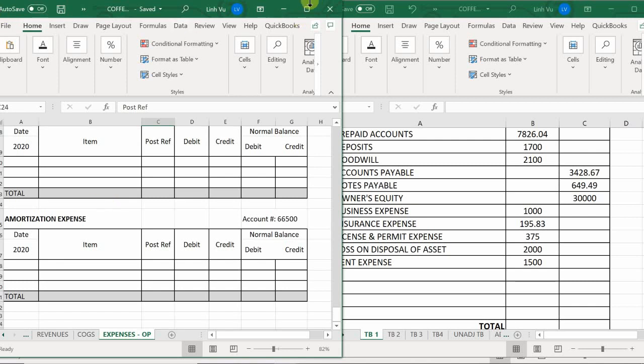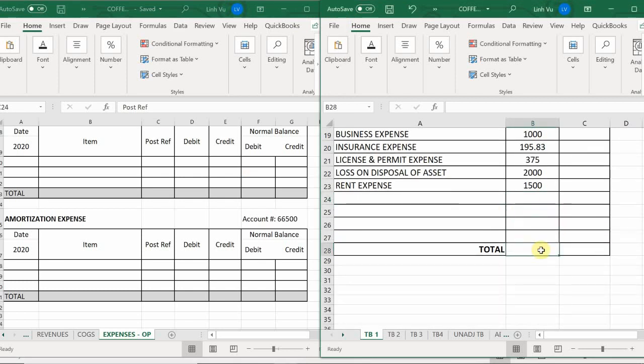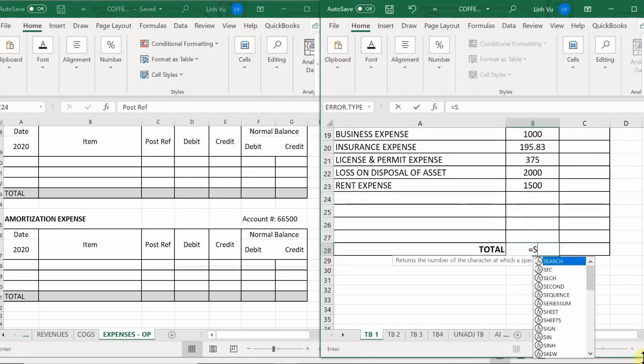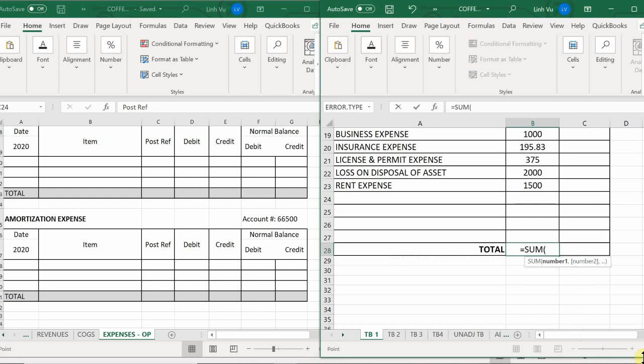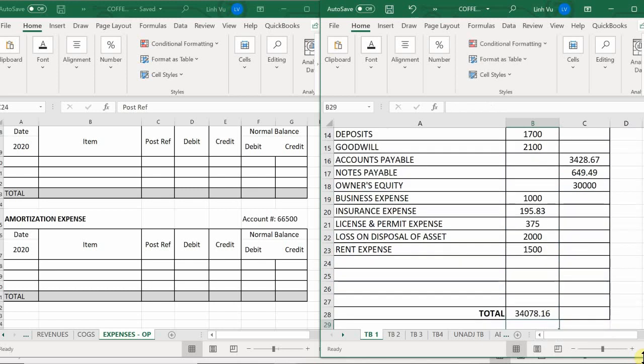This is where we do the next step: add up our totals. This is where Excel will come into play, because manual is going to be too much. That's $30,000.